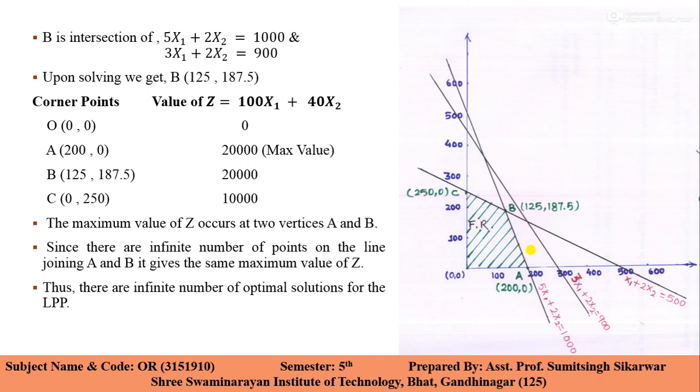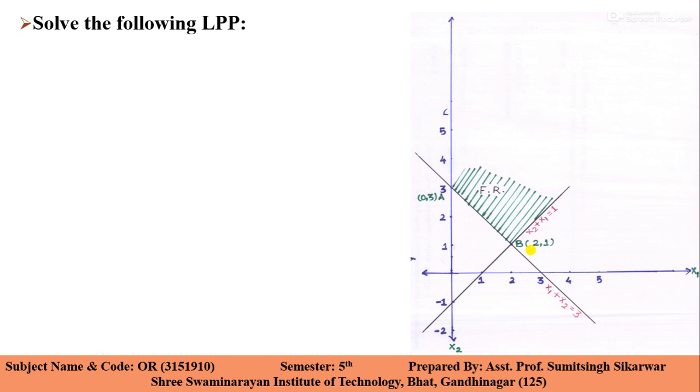Now we'll see the case of the unbounded problem. Our aim is to solve the LPP in which we need to maximize 3x1 + 2x2, subject to x1 + x2 ≥ 1. As it is greater than or equal to 1, we have already discussed that we need to find the area above the line.